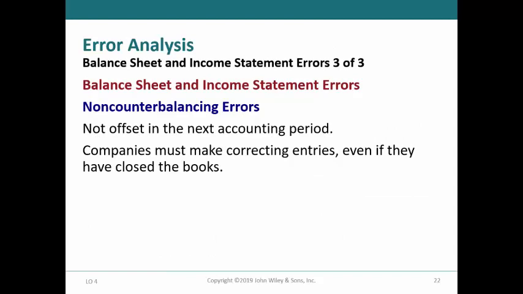For these types of errors, companies must always make correcting entries even if the books have been closed. An example of a non-counterbalancing error would be an error in recording depreciation expense, such as not subtracting the residual value. This error would not correct or counterbalance in the next period.